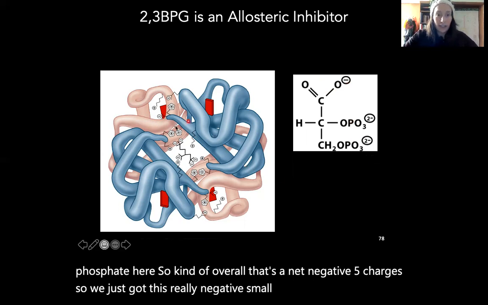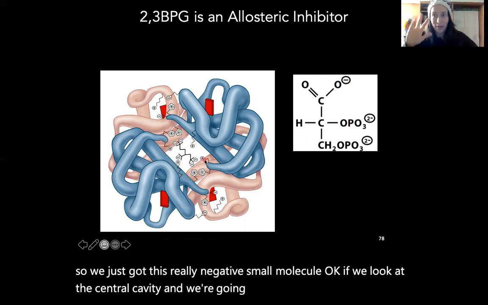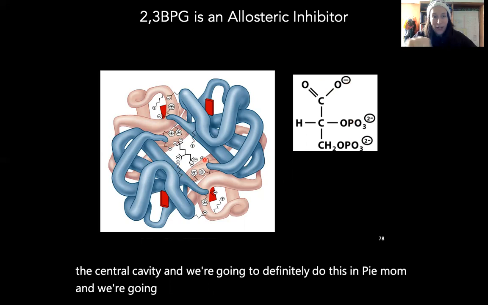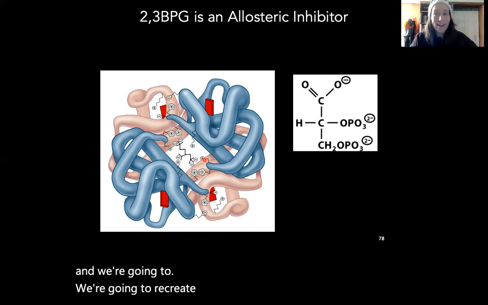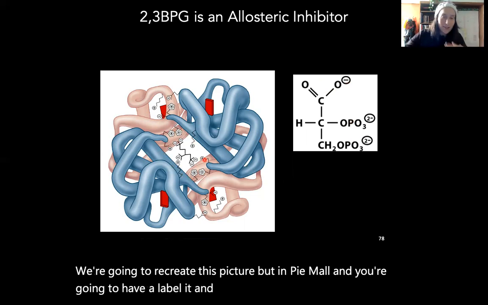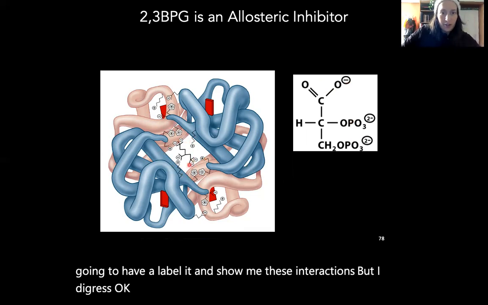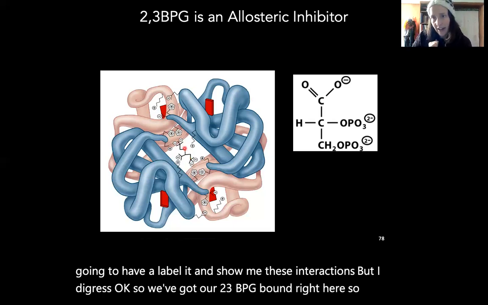Okay. If we look at the central cavity, and we're definitely going to do this in PyMOL, we're going to recreate this picture in PyMOL, and you're going to have to label it and show me these interactions, but I digress. Okay, so we've got our 2,3-BPG bound right here. So what side chains is it interacting with?